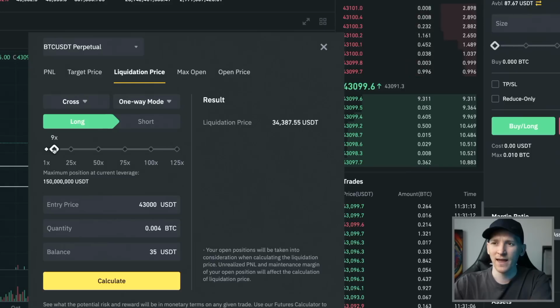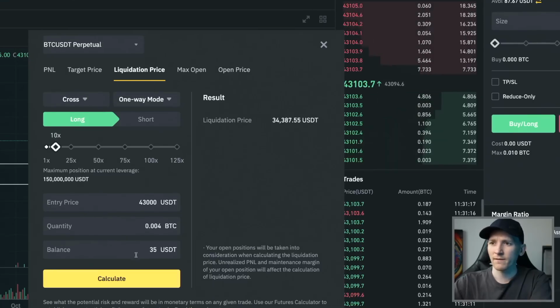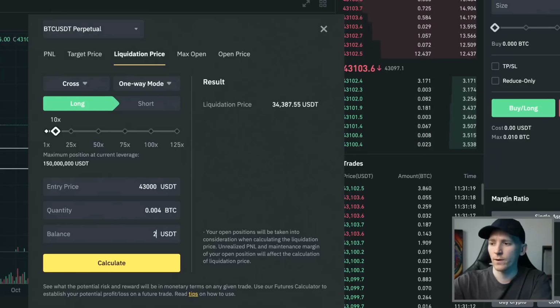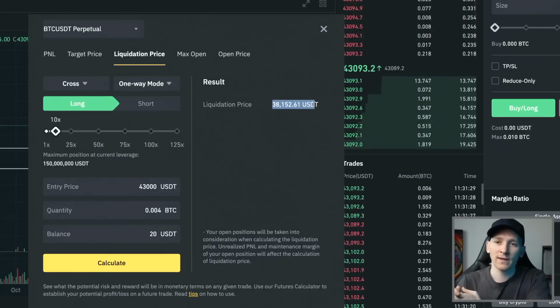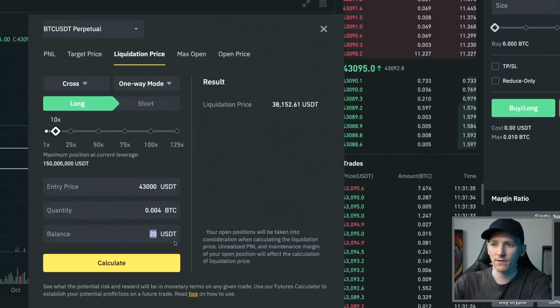How about if we go to 10x leverage, press calculate. That's absolutely fine. Let's put $20 in, calculate. Now the liquidation price is 38,152. This is slightly above our own stop loss. So we're taking too much leverage or too much risk here. What you can do at that 38,000 is put more money into the balance, and that puts your liquidation price below our stop loss.